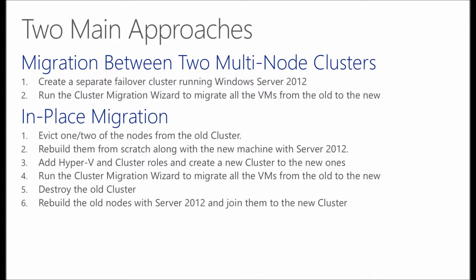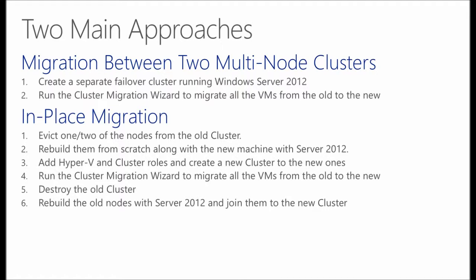You then upgrade these 2 nodes to Windows Server 2012, rebuild them from scratch, add the Hyper-V and cluster role to both nodes, and then create a cluster based on these 2 nodes.